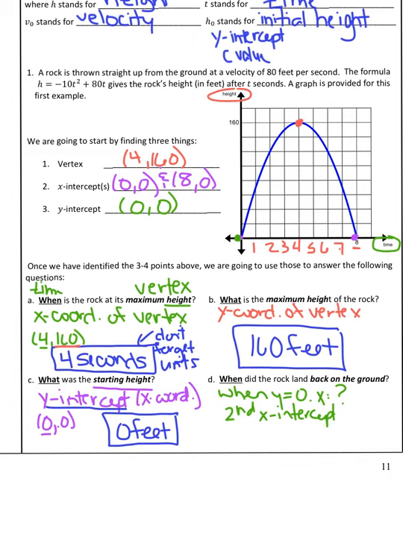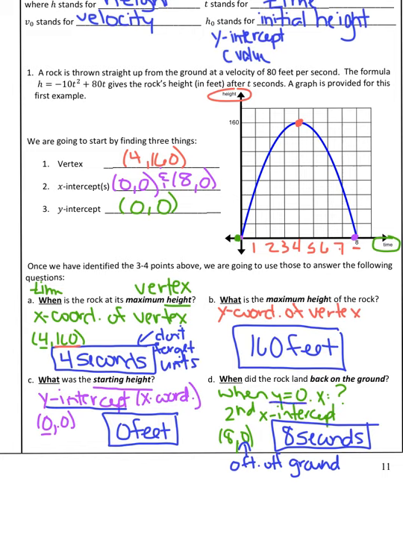So the second x-intercept is (8, 0), which means that in 8 seconds, we're going to be back at a height of 0, 0 feet off the ground. We're back on the ground when y is 0. That's why we set the y equal to 0 here, because the ground is 0.